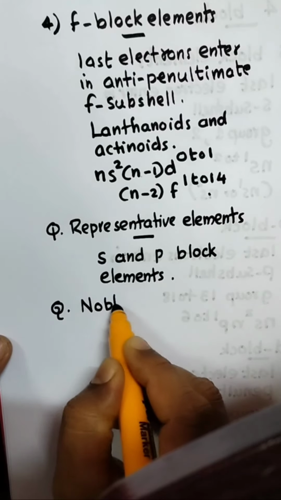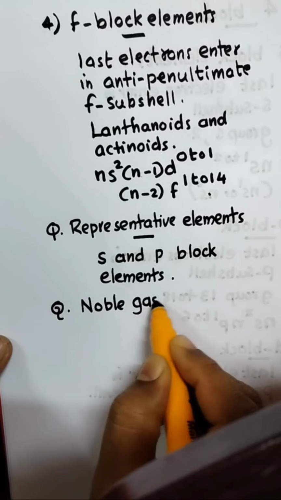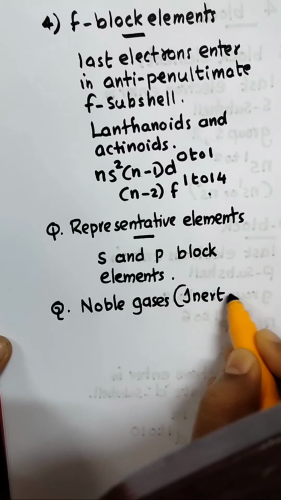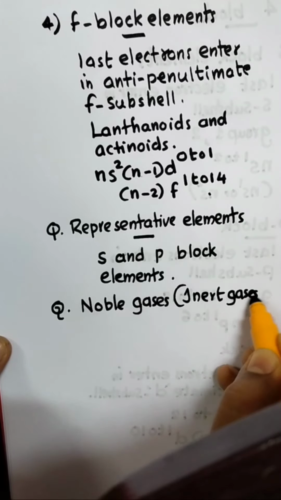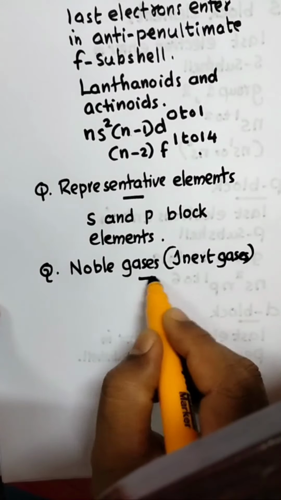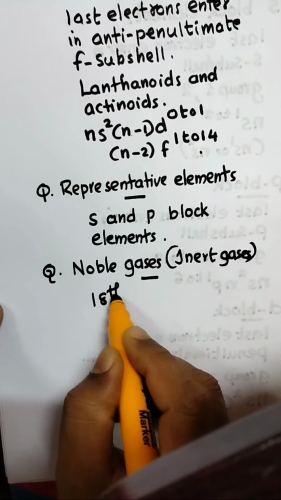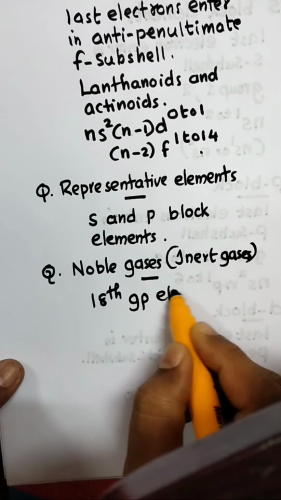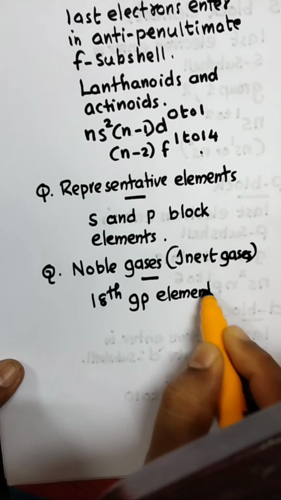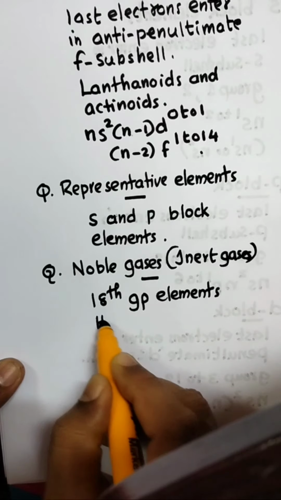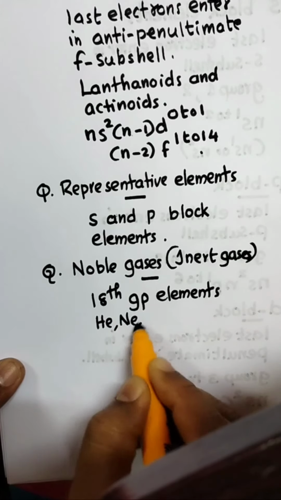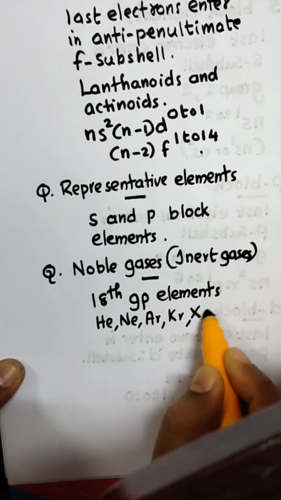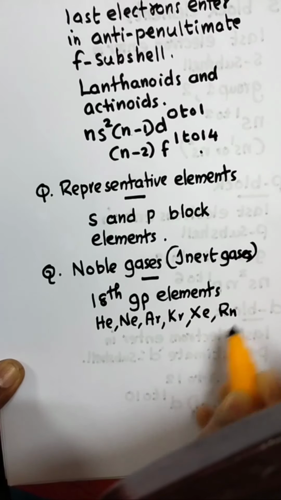Next question: noble gases or inert gases. 18th group elements are called noble gases. They are helium, neon, argon, krypton, xenon and radon.